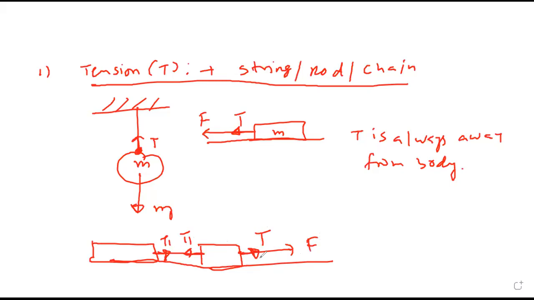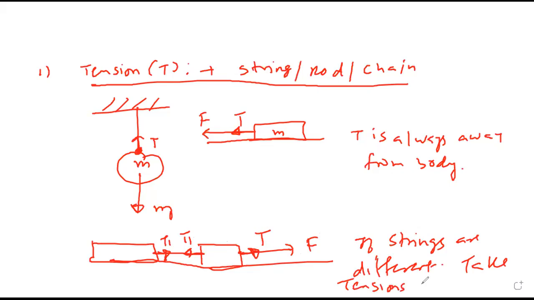Here I wrote T1, T1, here I wrote T. If strings are different, then tensions are different. So in notation we will take T1, T2. Value I don't know, may or may not come. Just copy this much again.